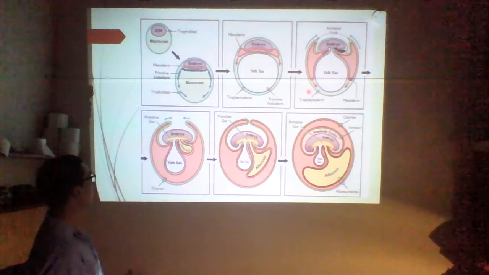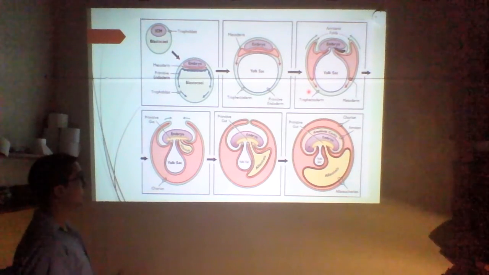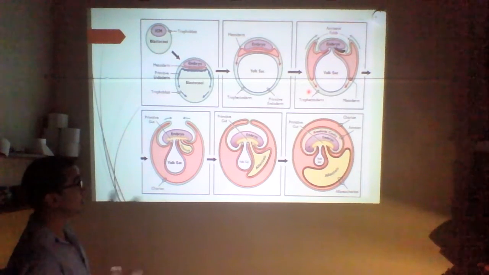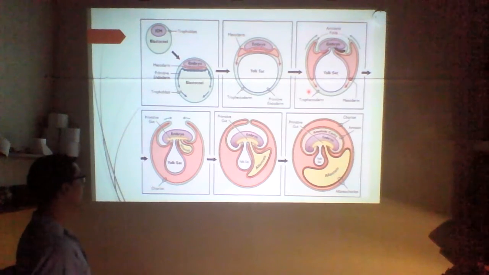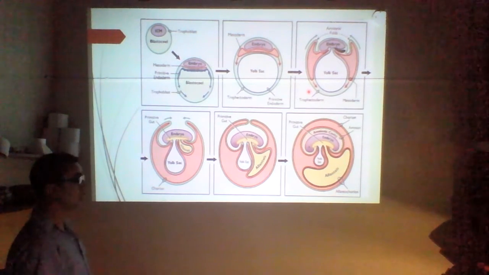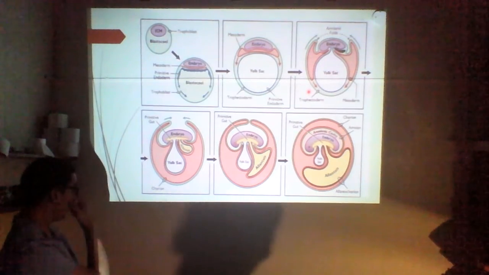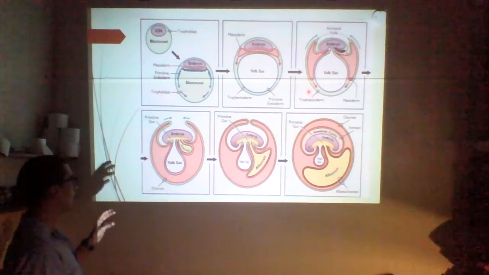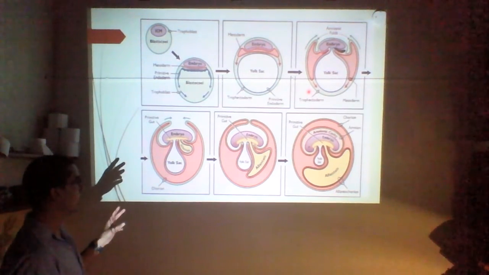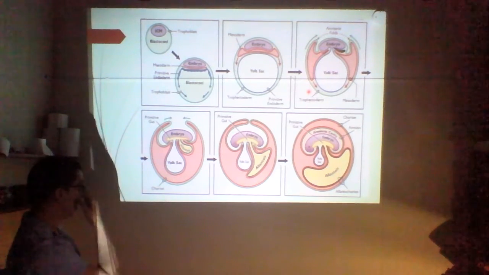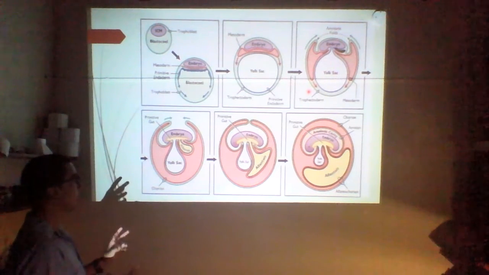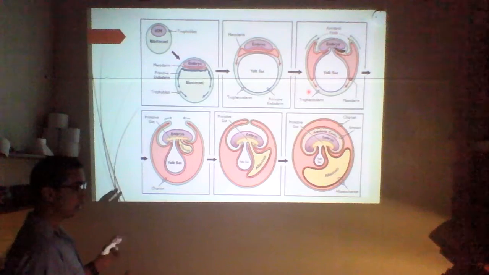So then in the other part, the trophoblast and the mesoderm fuse, and then we have something called chorion, and then we have a new structure called allantois. The allantois is getting bigger and the yolk sac is getting little.